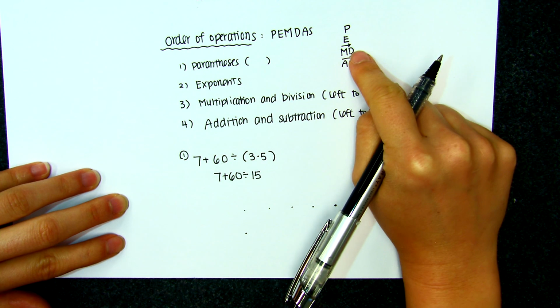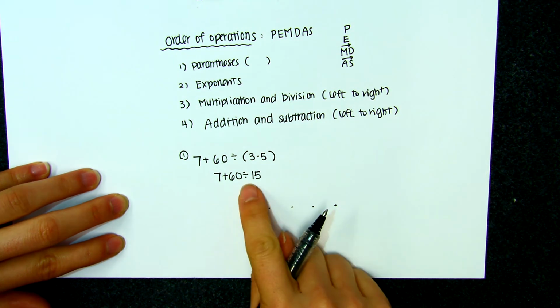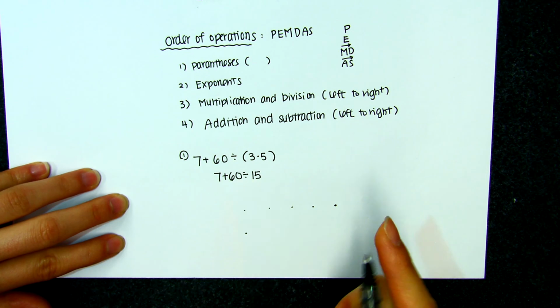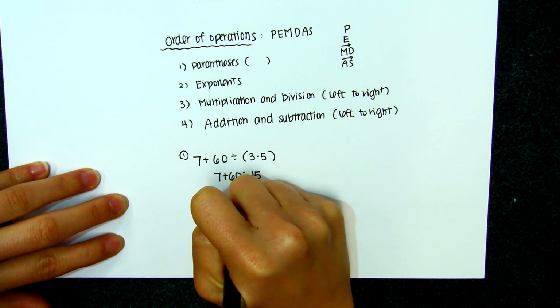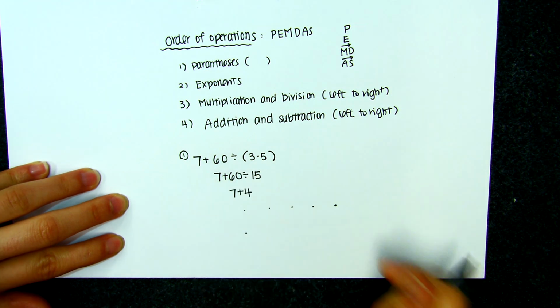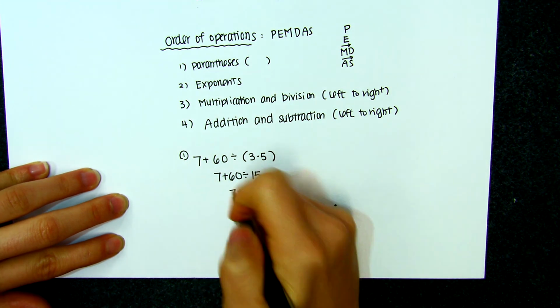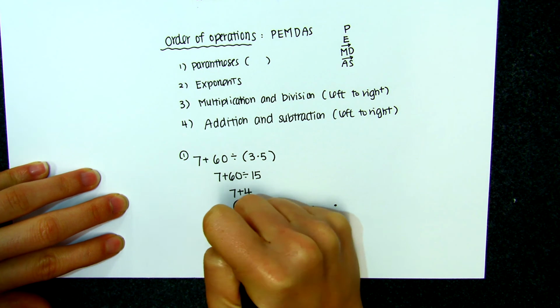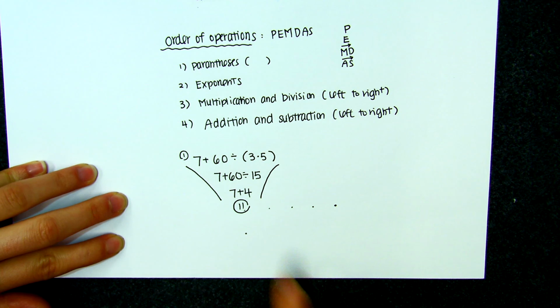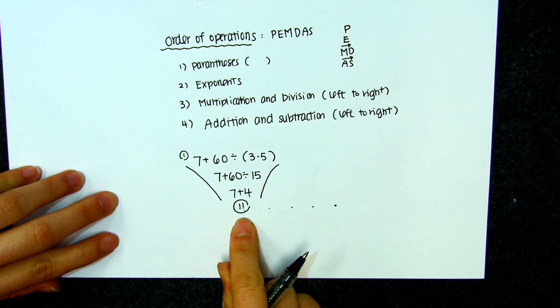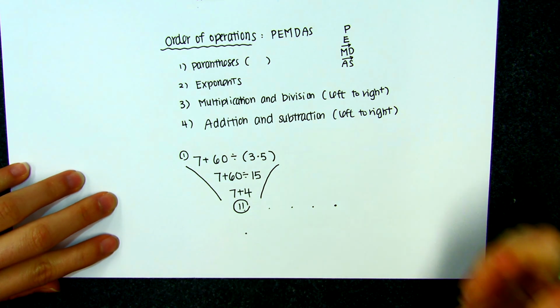So now multiplication or division, whichever one comes first. There's only one division, so that's what I do first. 60 divided by 15 is going to give us a 4. 7 plus 4 is 11, and that's my final answer. As you can see, it looks like a funnel, because the answer gets to the bottom. Funnel method.